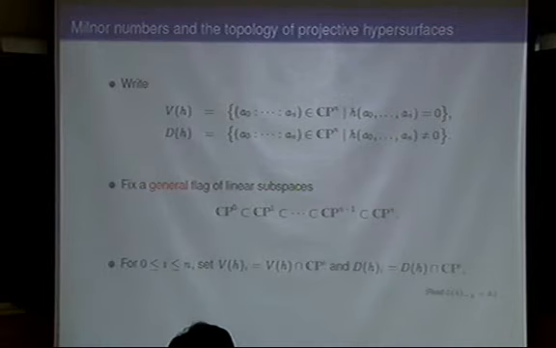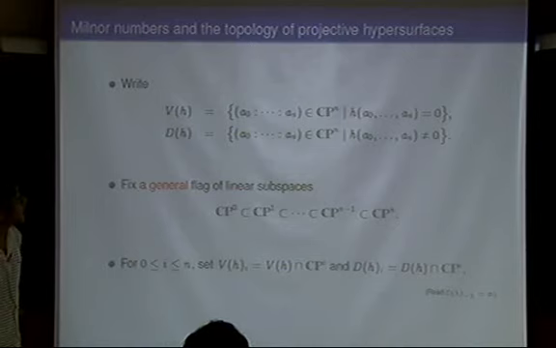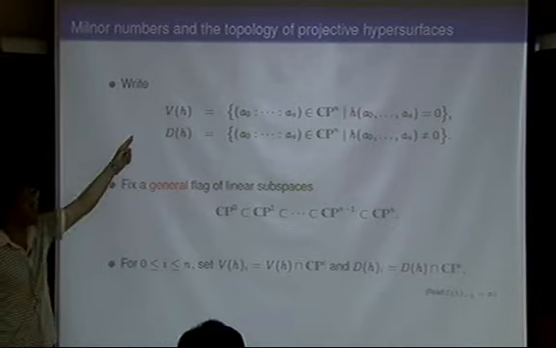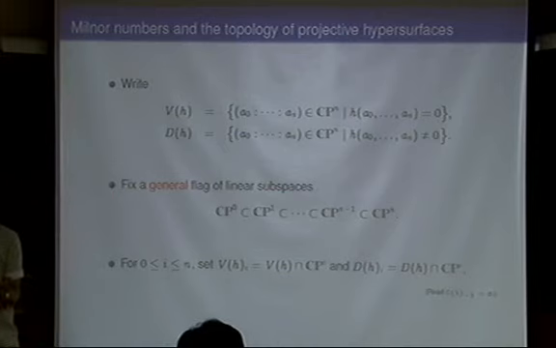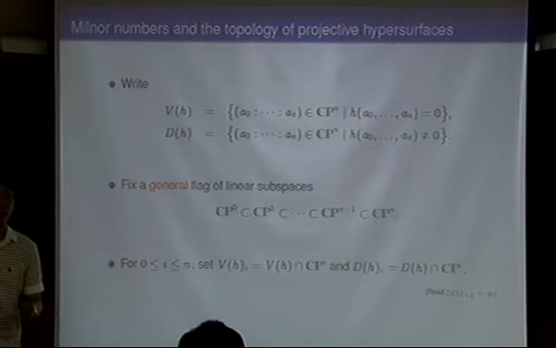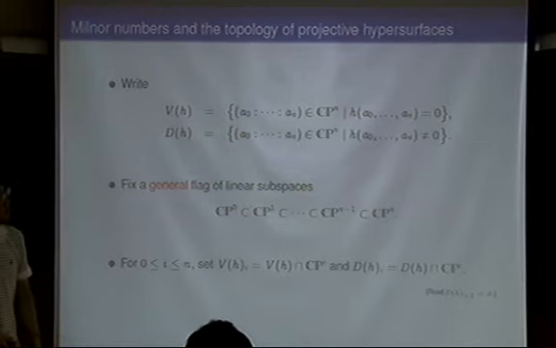So I'll state the first theorem. When H is a homogeneous polynomial, I'll write V_H for the projective hypersurface defined by H. So if you have a homogeneous polynomial, then it defines a well-defined set of zeros in the projective space. And I'll write D_H for the complement of V_H.